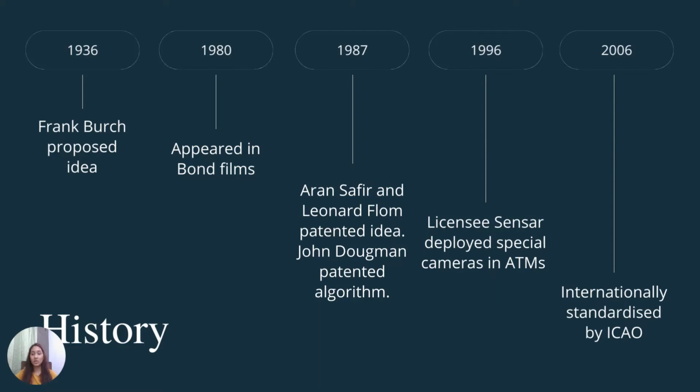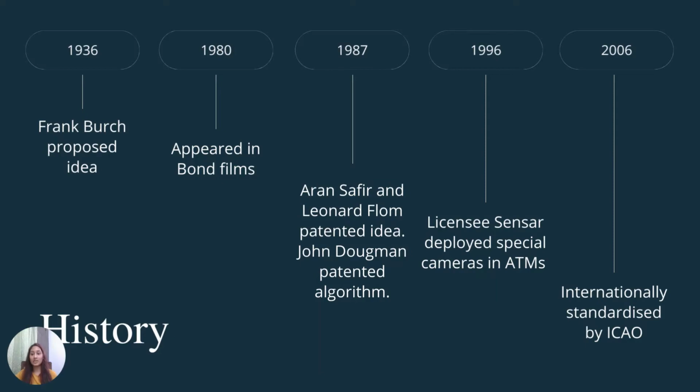Daugman's algorithm is owned by Iridian Technologies and the process is licensed to several other companies. One active imaging system developed in 1996 by licensee Sensar deployed special cameras in bank ATMs to capture iris images at a distance of up to 1 meter.